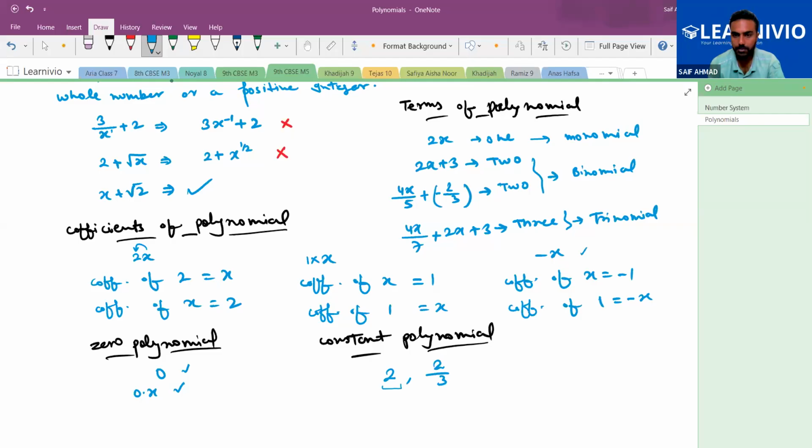Because we can write 2 as 2 into 1, and we can write 1 as x to the power 0, because any number having power 0 is equal to 1. So you can see here we have a variable having a whole number as a power. That's why this is considered a polynomial. Understood? Yes, sir. Note it down.